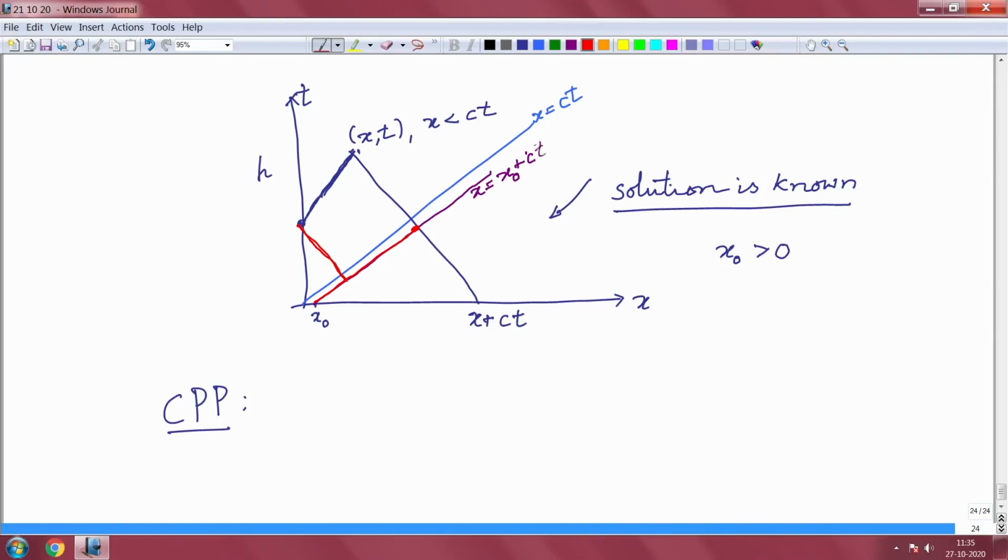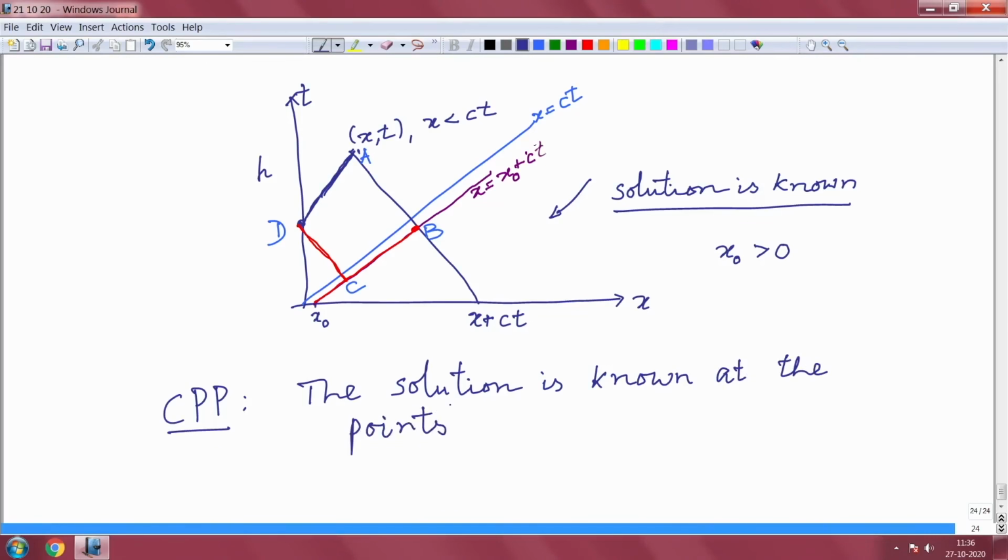It does not look like a parallelogram, but you can just label it: this is A, this is B, this is C, this is D. The solution is known at the points B, C, D.